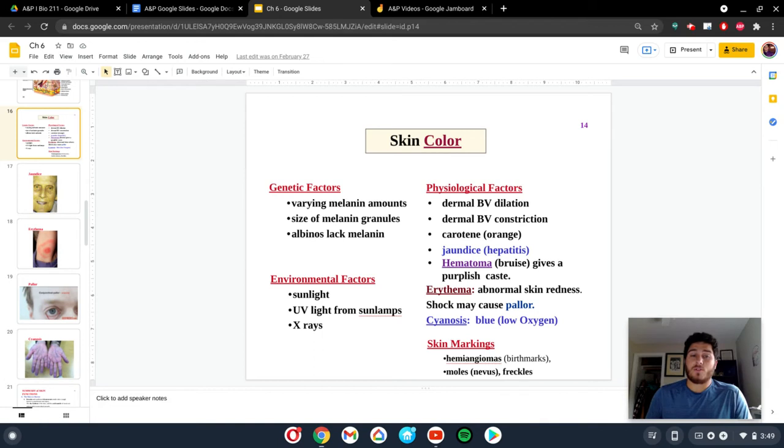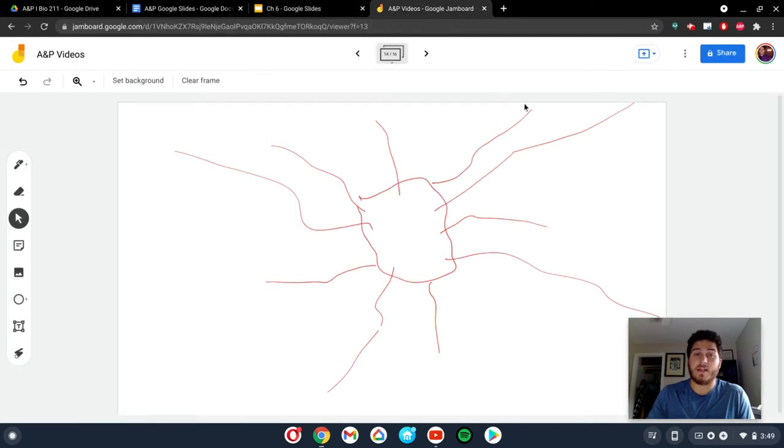So genetic factors, number one, varying melanin amounts, or the size of the melanin granules. So if we hop back into my really sad image here that I drew a little while ago, this is my really poor example of a melanocyte. In other words, here is the melanocyte, the cell, and then the branches that come off of it.